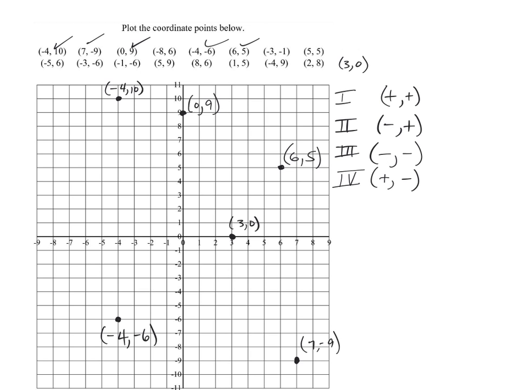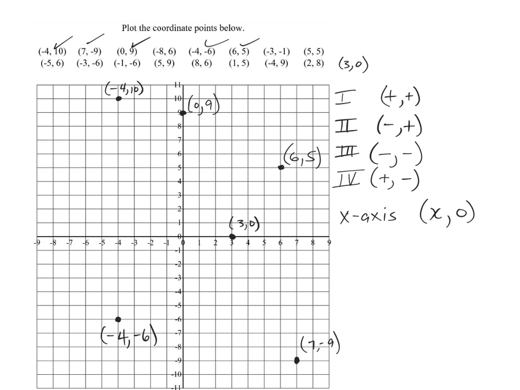Once you memorize these quadrants, you can look at a point and tell which quadrant it lies in just from its coordinates. Also notice any point on the x-axis will always have a 0 for the y coordinate.